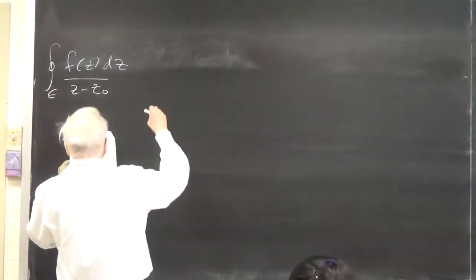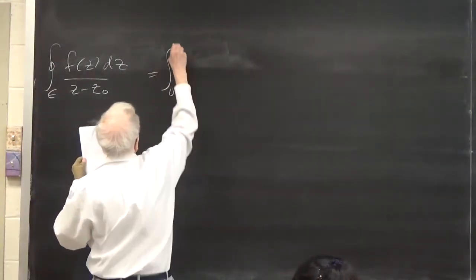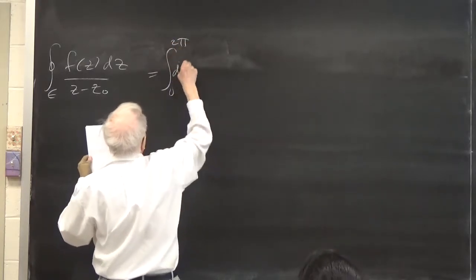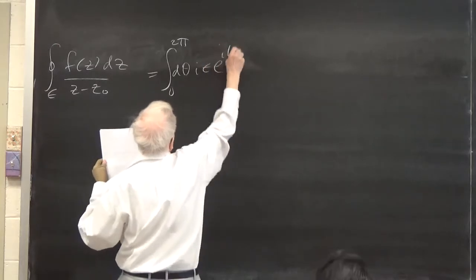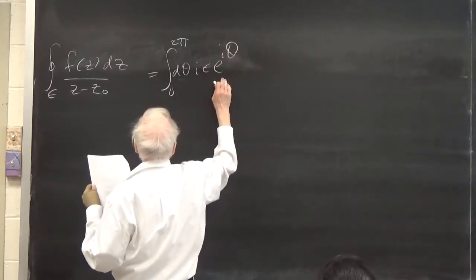And what is this? Well, it's going to be an integral 0 to 2 pi d theta times i epsilon e to the i theta. So that's going to be dz.